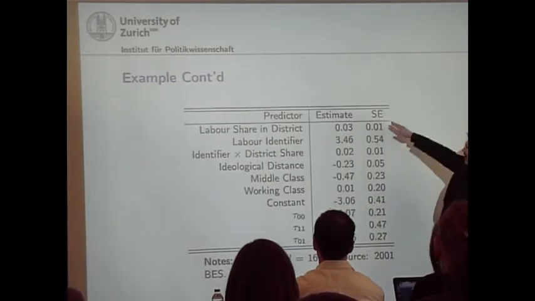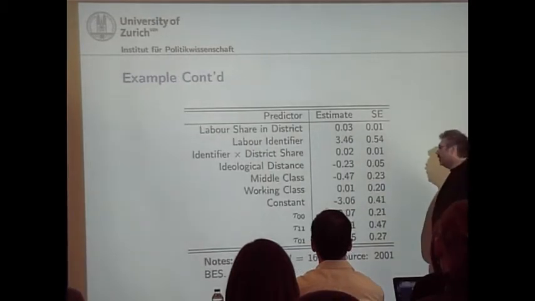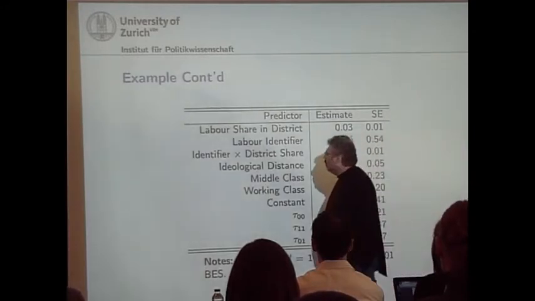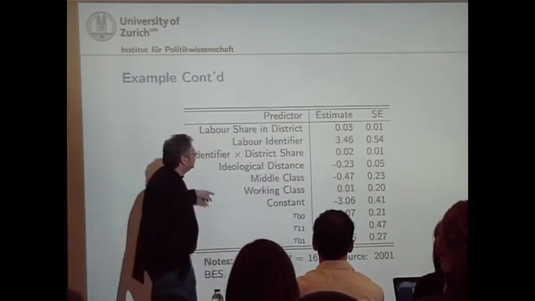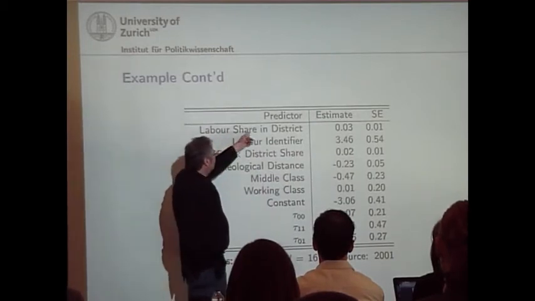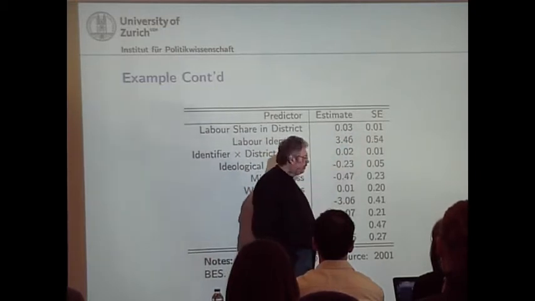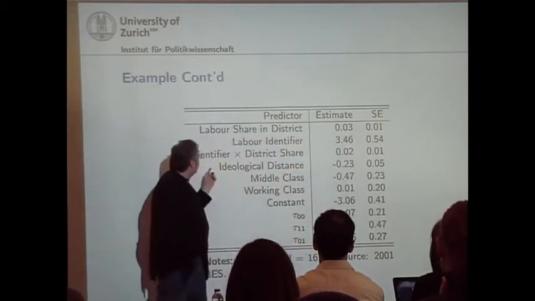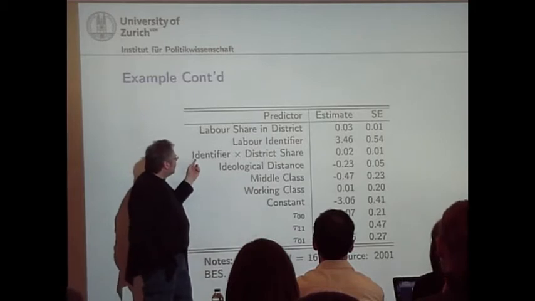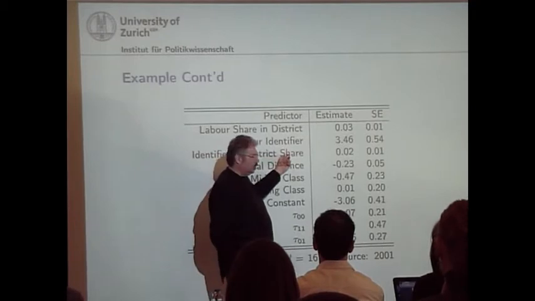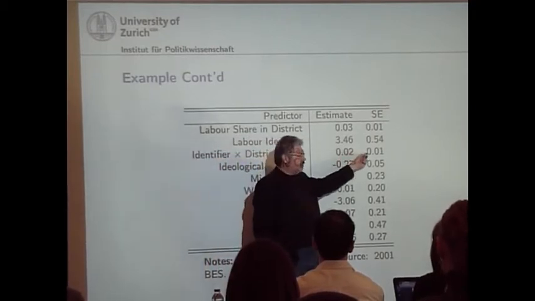So here are the estimation results that we get. We see, not surprisingly, that Labor vote share in the district has a significant effect, and the interaction between the Labor identifier and the Labor vote share is marginally significant.